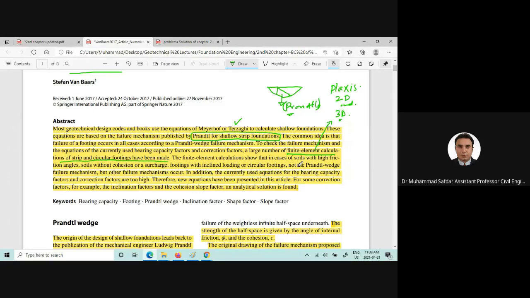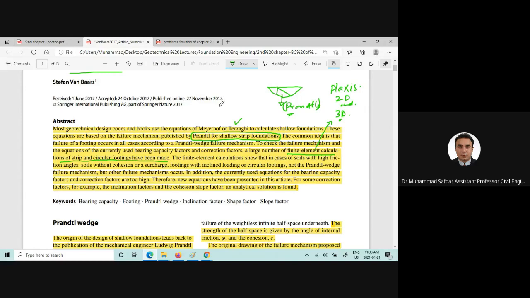Okay, please wait. Now, look, the thing is that this is an idealized failure mechanism. It was proposed to derive an equation and to give us an idea of how we can estimate, so it was kind of a rough estimation of the ultimate bearing capacity of the soil.